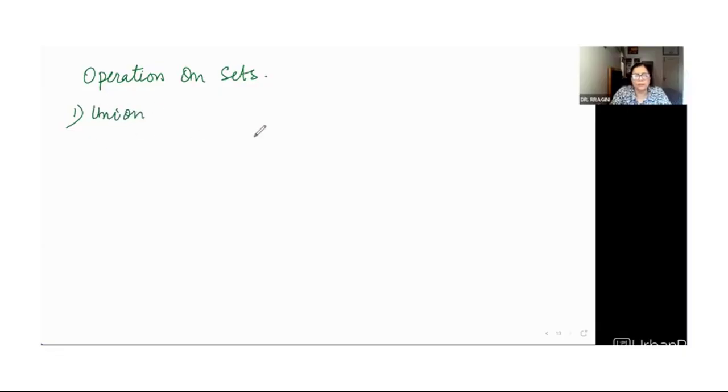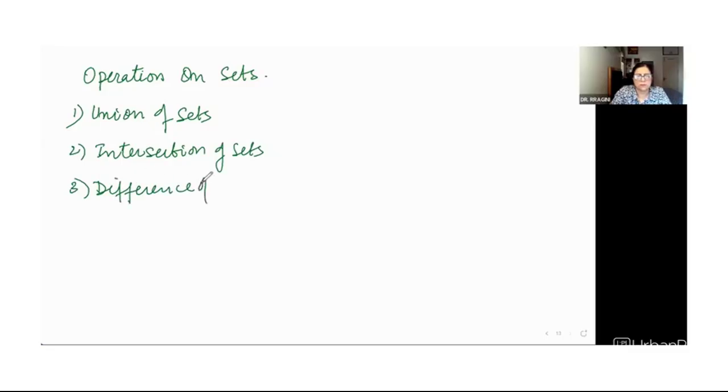I'm writing a few names here, then I'll describe each one. Union of sets. Number two, intersection of sets. Difference of sets. Then complement of a set.